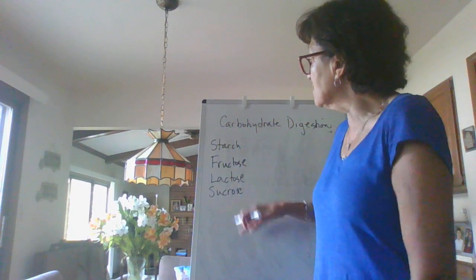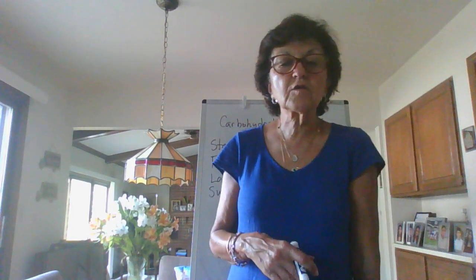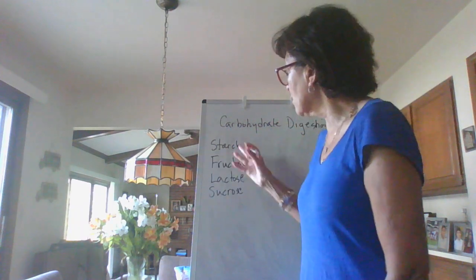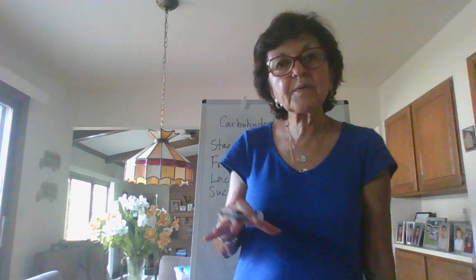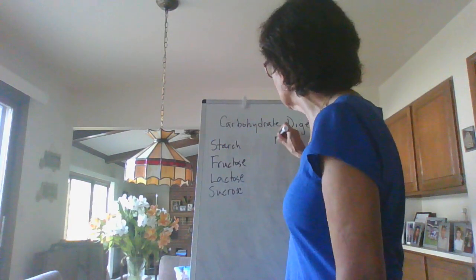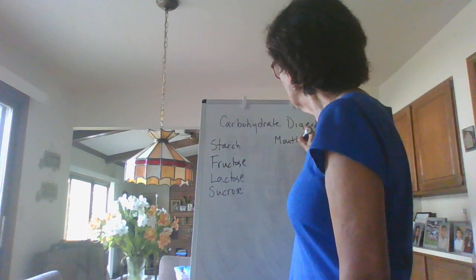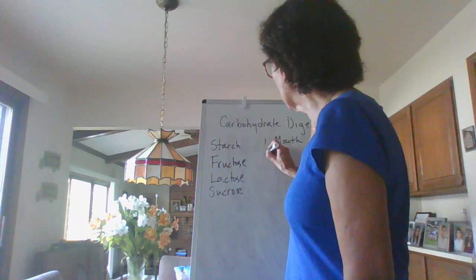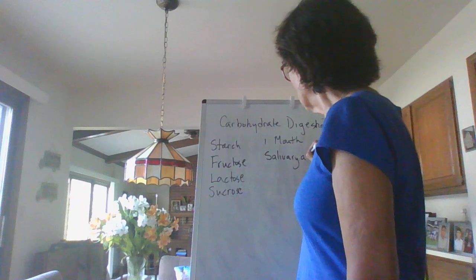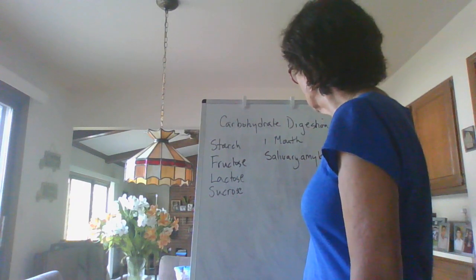Okay, so this is the stuff you just consumed. You had some starch, you had some fructose. These are all carbohydrates. So what is happening in your body? Well, in the mouth, we have an enzyme called salivary amylase. So the first thing that happens is in the mouth, and you have salivary amylase. And what does salivary amylase do?